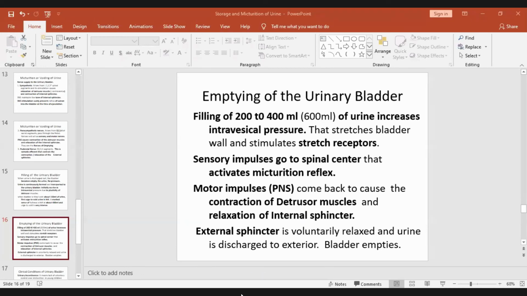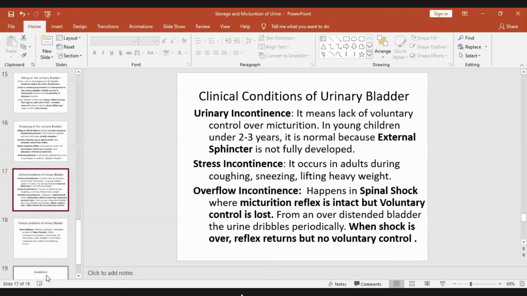Continence means ability to hold urine, right? Continence means ability of the person to hold urine. Incontinence means you don't have control over that. It means a lack of voluntary control over micturition. That is, urinary incontinence means lack of control over micturition.